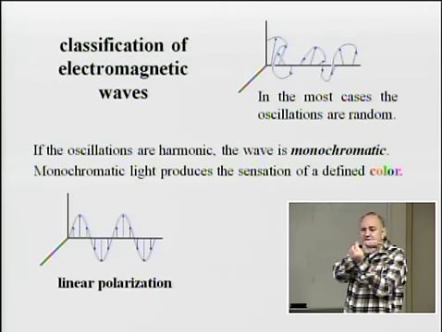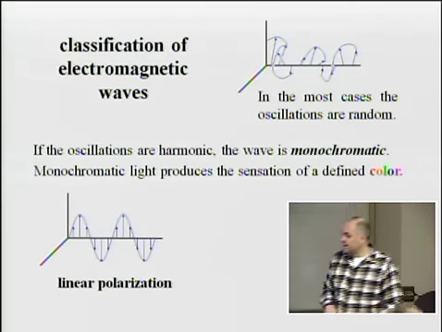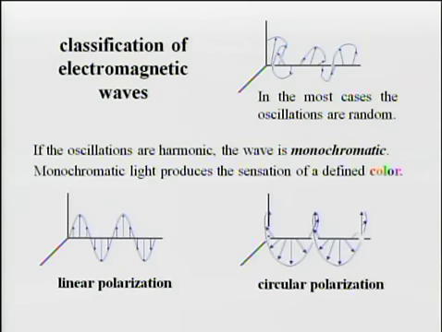If light oscillates in the horizontal direction, we will have a horizontal polarization. We can also have some other types of polarization, like circular polarization. In circular polarization, if I consider this point, the electric field rotates.